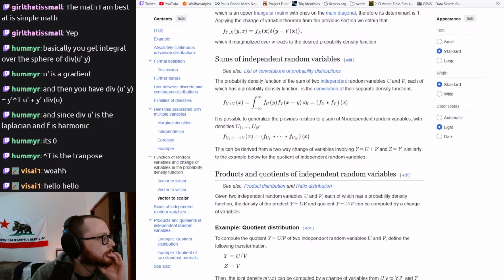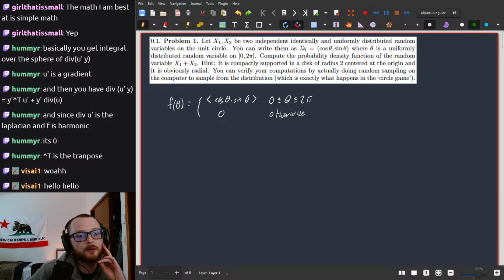So... The hint is compact is supported in a disk of radius 2 centered at the origin, and it is obviously radial. Obviously.